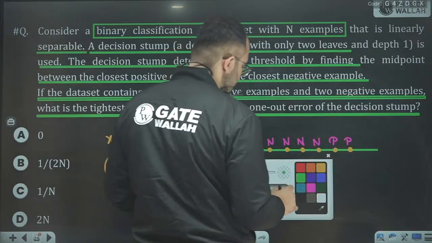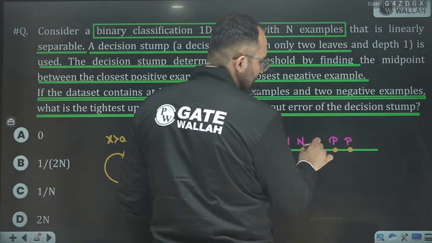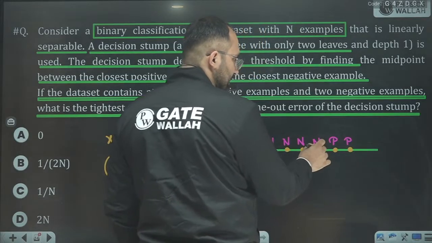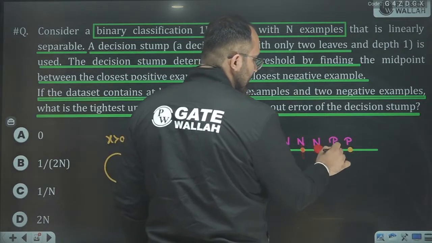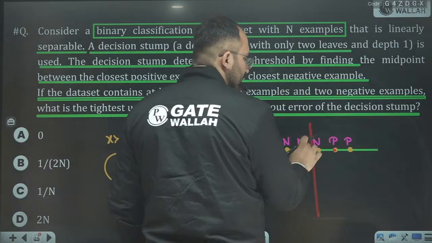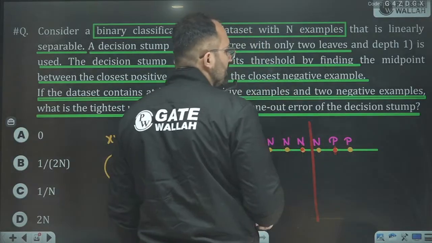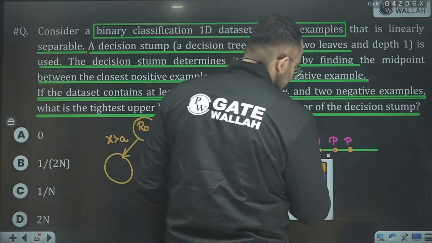Now the question comes when this is in validation. If this is in validation, this is not in training. So the threshold will be found by this point, and obviously the threshold can be here depending on the values. The midpoint can be here also.